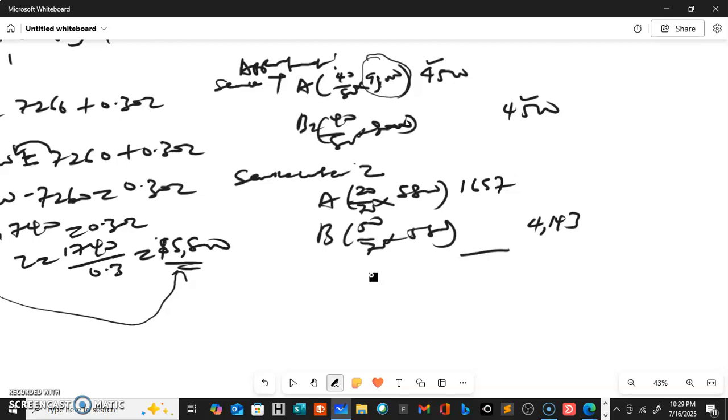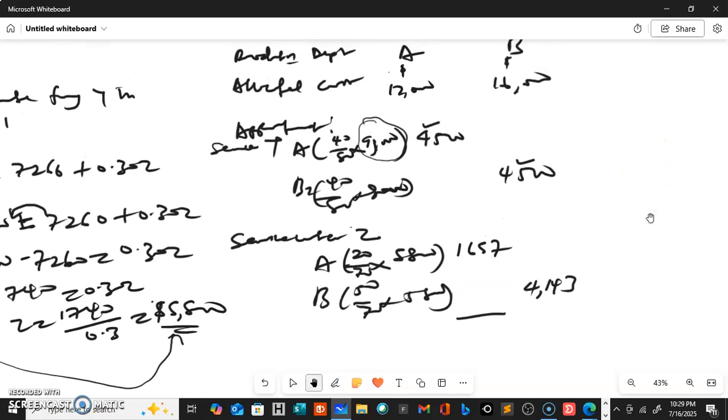So let us go ahead and add everything up together to see the total cost. So 12,000 plus 4,500 plus 1,657. This is 18,157. Then 16,000 plus 4,500 plus 4,143.